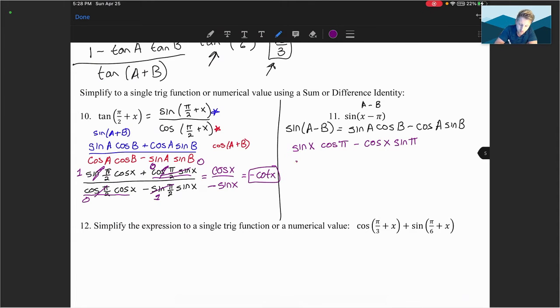So we know that the cosine of pi is just going to result in negative 1 minus cosine of x, and then the sine, that's the height at 180 degrees, that would be 0. And so when I finish this expression, this whole second term goes away as 0, and we're left with sine of x. So negative sine x here is going to be our final result. Again, all of this goes to 0.